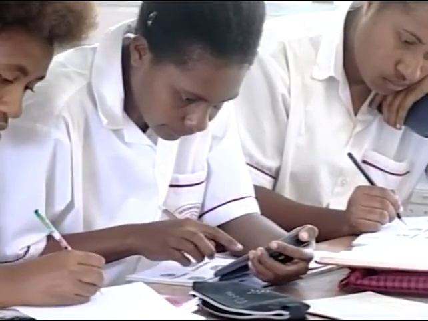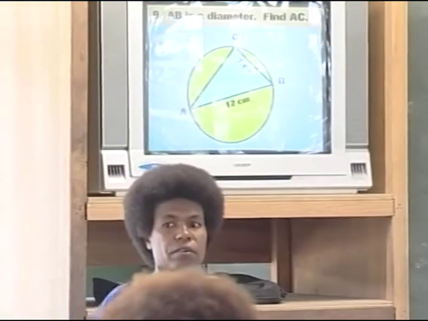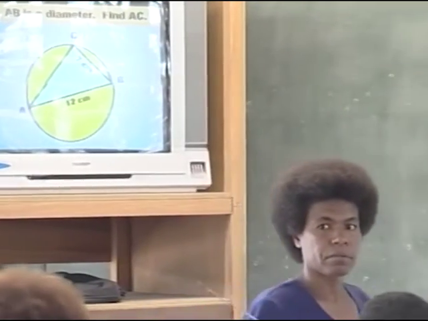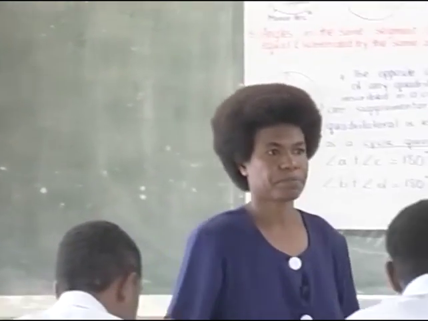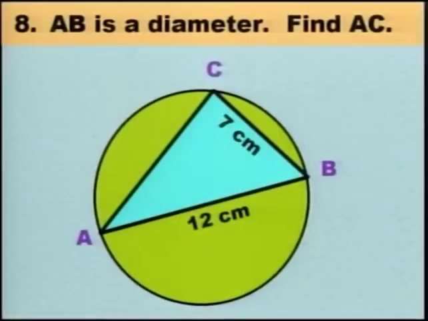It has to do with property 2. So, where is the right angle? The right angle is angle ACB or BCA. All right, so we are going to use Pythagoras' Theorem first. What's the answer to the length of AC, Jake? 9.75 centimeters.